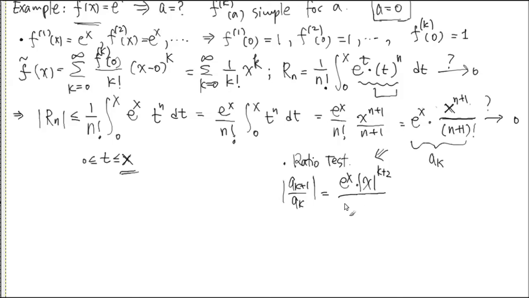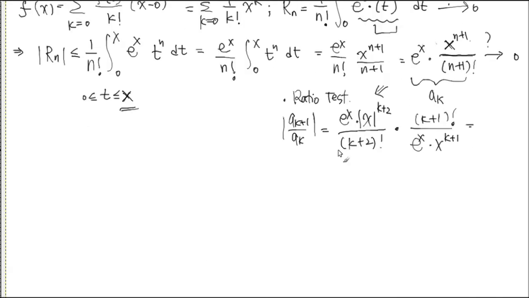And down there is k plus 2 factorial. I replace all the n's with k plus 1. And the reciprocal of this exact thing, with the e to the x, is x to the k plus 1 and k plus 1 factorial, right? So e to the x cancels, what do you get? k plus 2 factorial survives down there.